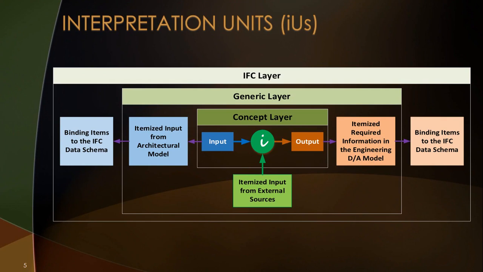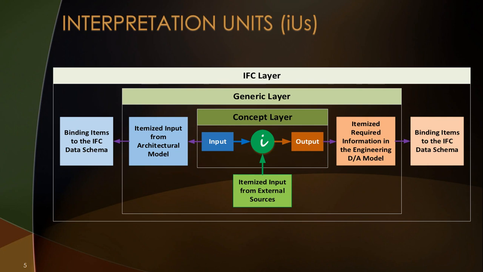So it has three layers. One is the concept layer, in which we generally define the purpose of the interpretation unit. A generic layer in which we list all the input and output information of that unit. In some units, we need some additional information from external sources. For example, if this unit is interpreting mechanical properties of structural materials from their name in the BIM file, we need to have access to a table of mechanical properties of those materials.